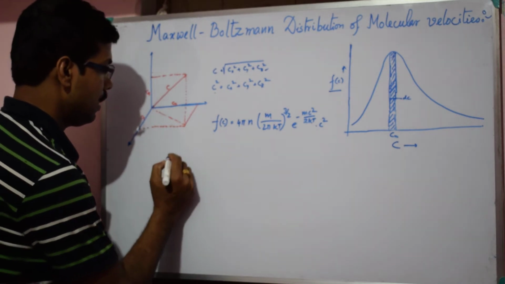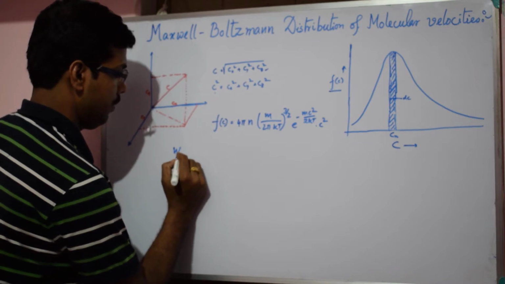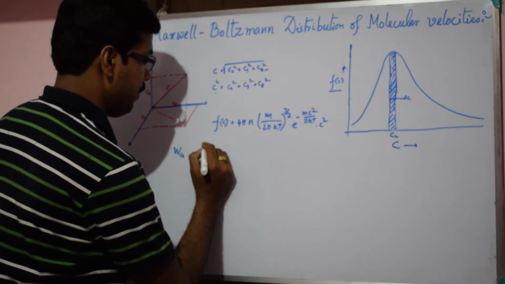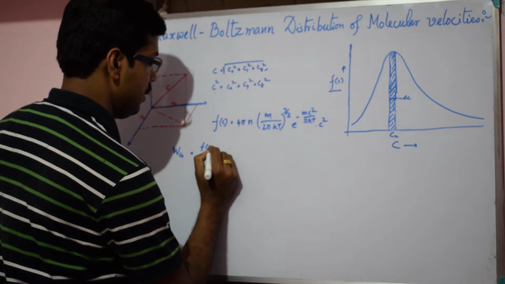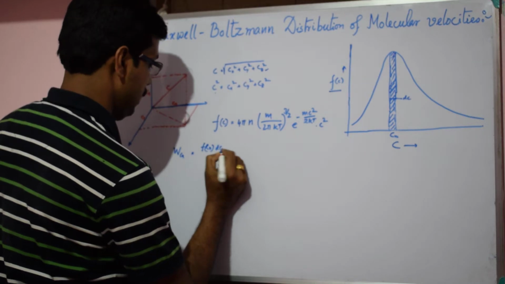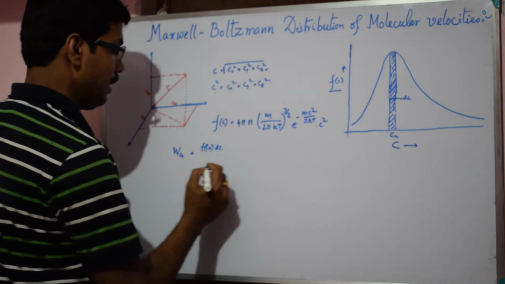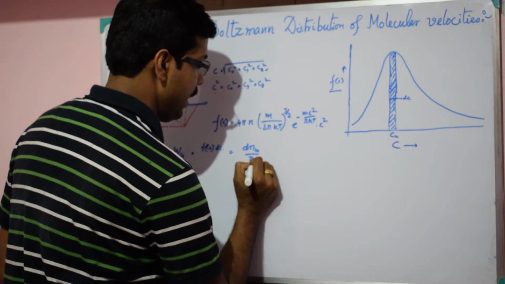Then this is W(Cx), which is equal to F(Cx) dCx, or dN(Cx) by N.